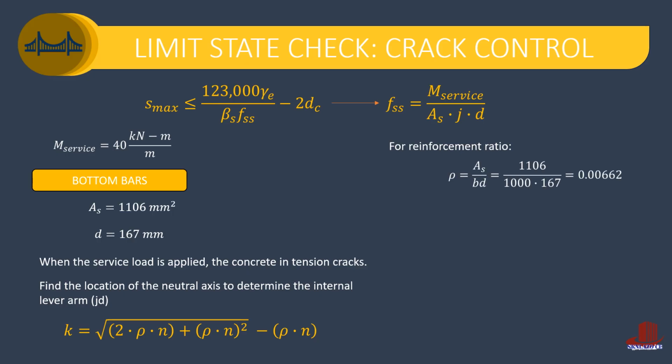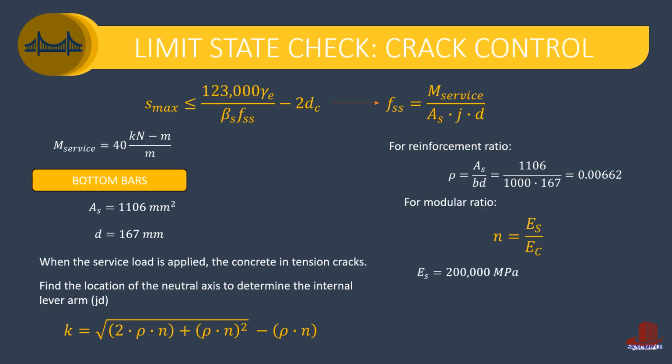We earlier found the steel area as 1,106, then divide by the quantity of 1,000 and 167, turning out as 0.00662.